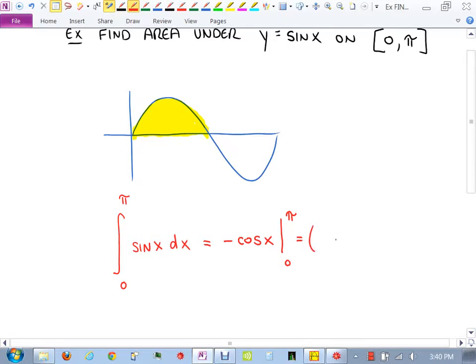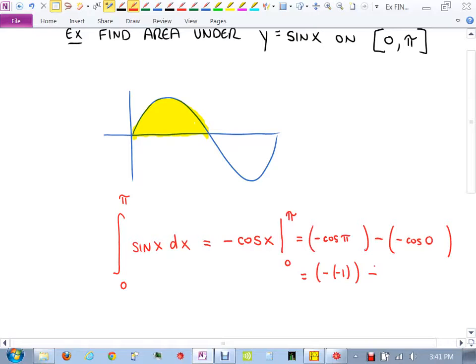Then you put equals. I always love to put 2 sets of parentheses. First one is what I get when I plug in pi, so negative cosine pi. The other one is what I get when I plug in 0, negative cosine 0. Notice my negatives there, right? What is cosine pi? Negative 1. So I have negative 1.